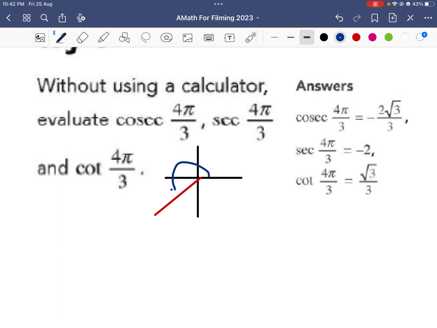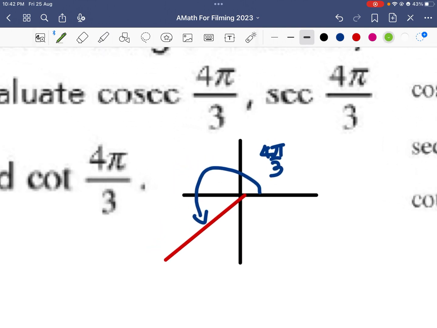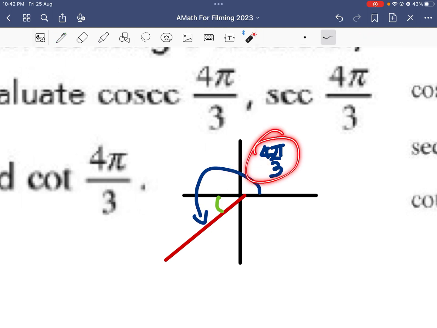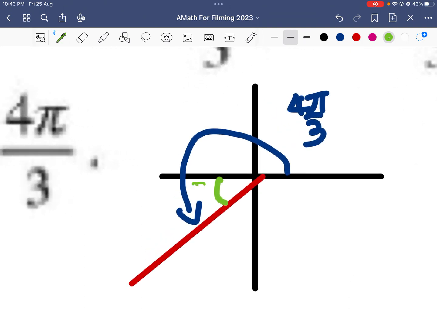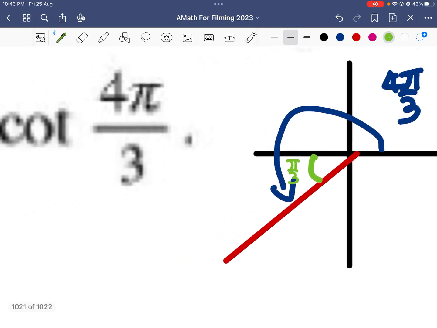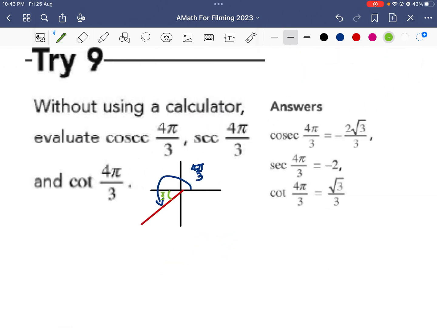So now if I go by radians, here to here is 4 pi over 3. Always remember, find the reference angle. Here to here is pi, hence 4 pi over 3 minus pi. So what is left over for my reference angle? My reference angle itself will be pi over 3, which is equal to 60 degrees.